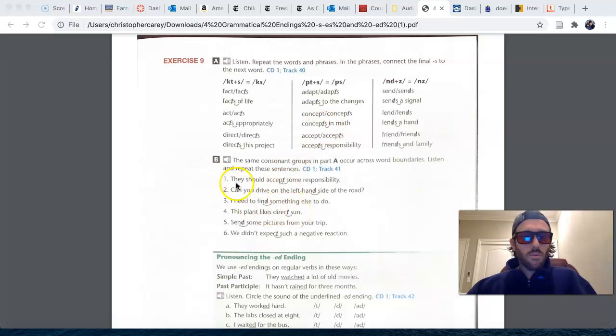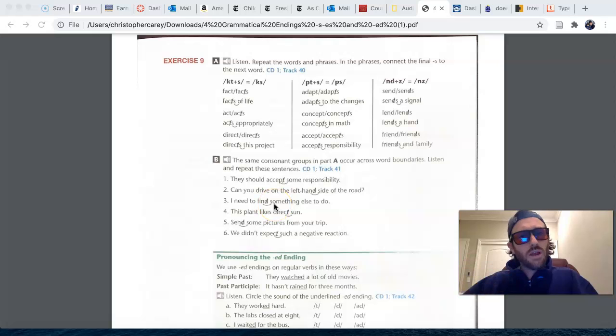So for example, number 1, they should accept some responsibility. No, we don't pronounce the T, we don't pause here. It's part of the same thought group, so there's no need to pause there. We just link those two together because you have P, T, and S all together. You can see there those consonant clusters.